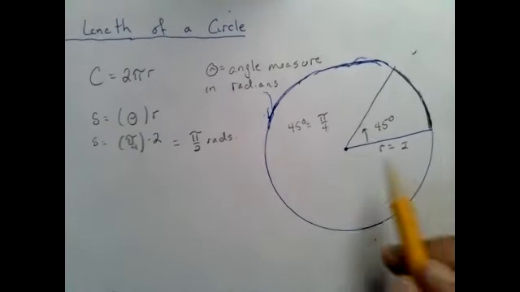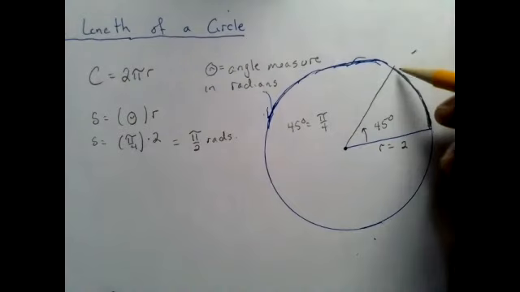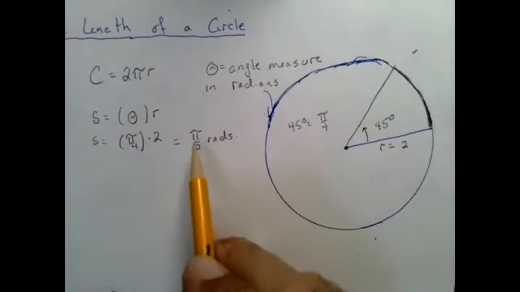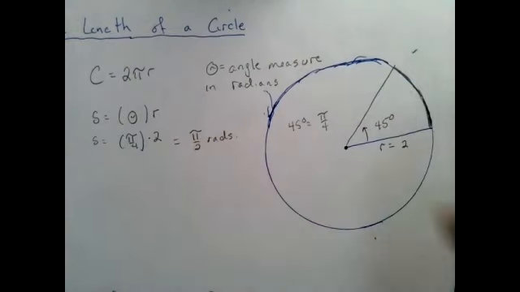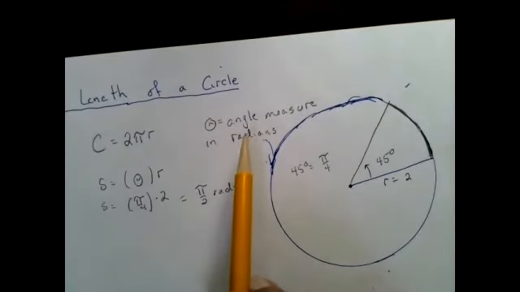So if I had a circle with a radius 2, and I only went around 45 degrees, that length should be, well, let's see, pi is 3.14 divided by 2. It's like 1.5 inches. It must be in radians. Okay, good. I got all that.